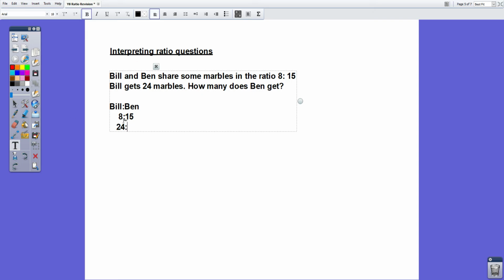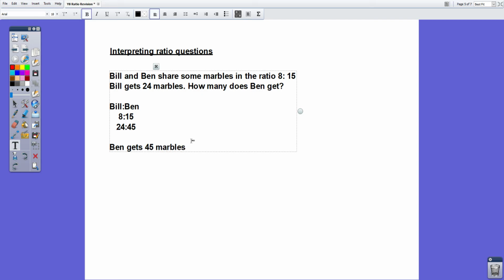So if we look here, how many 8s make 24? 3 times 8 is 24. So Bill has got 3 lots of 8. Ben must get 3 lots of 15. 3 times 15 is 45. So our answer is that Ben gets 45 marbles.